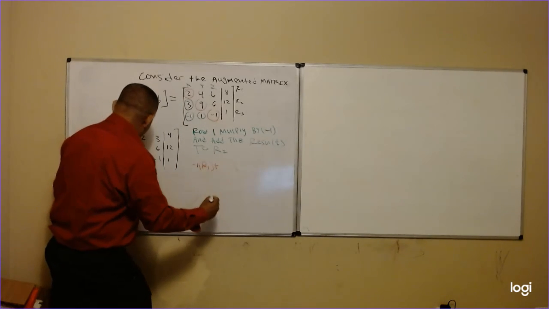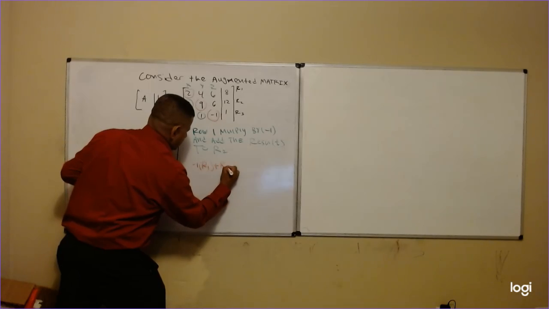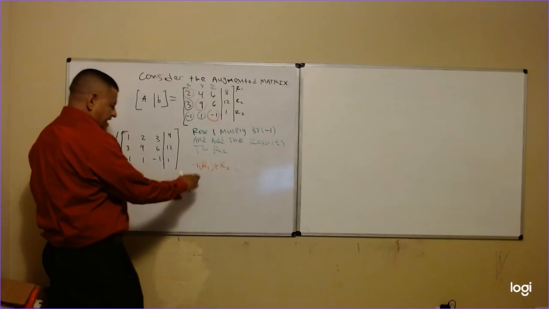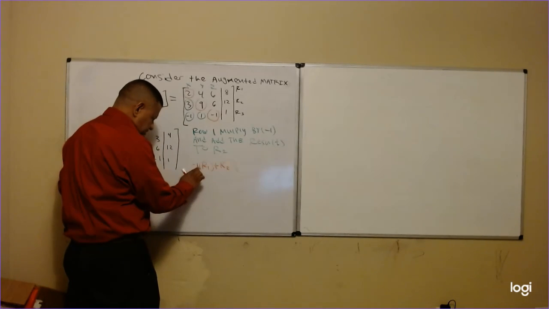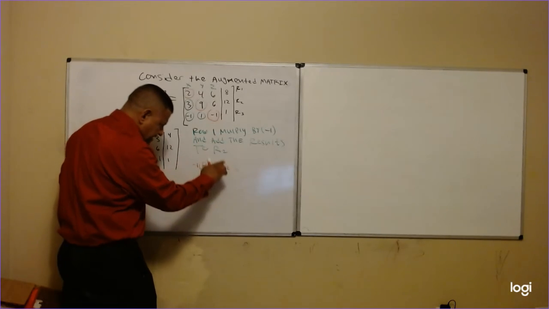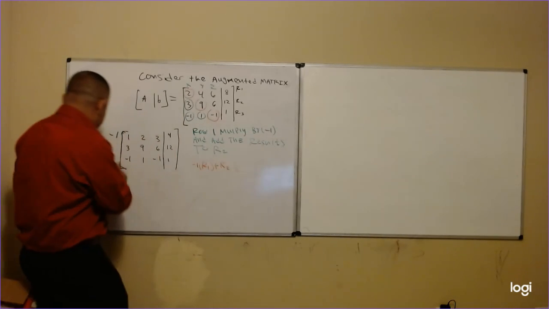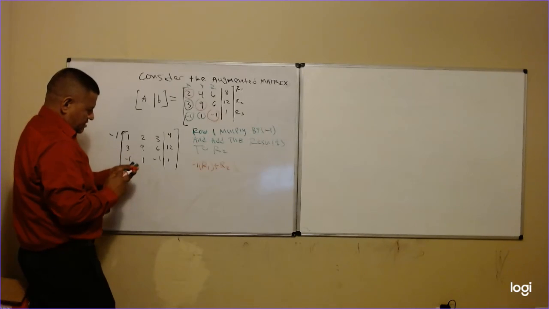Add it to row 2, right? So the result of row 1 multiplied by a negative 1, I'm going to add that to row 2, which is this one, right?